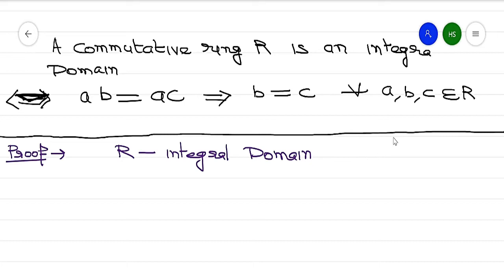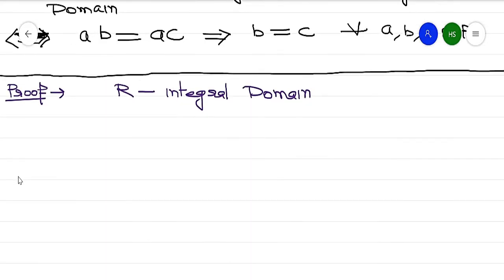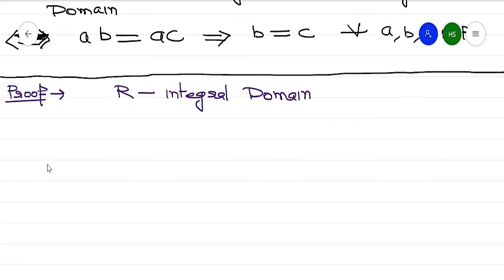What is the definition of proper zero divisor? ab equal to 0 implies either a equal to 0 or b equal to 0. Now to prove this result, let ab be equal to ac, for every a, b and c belonging to R.